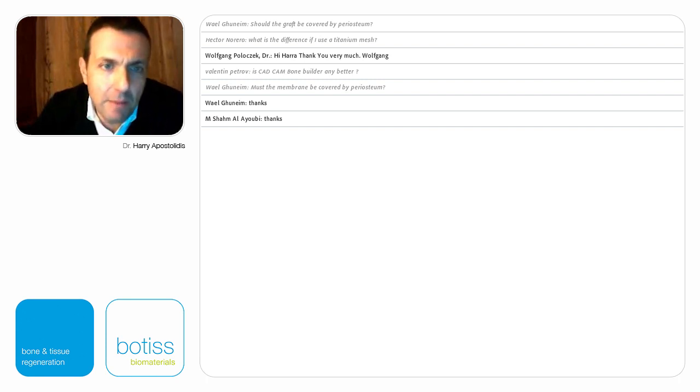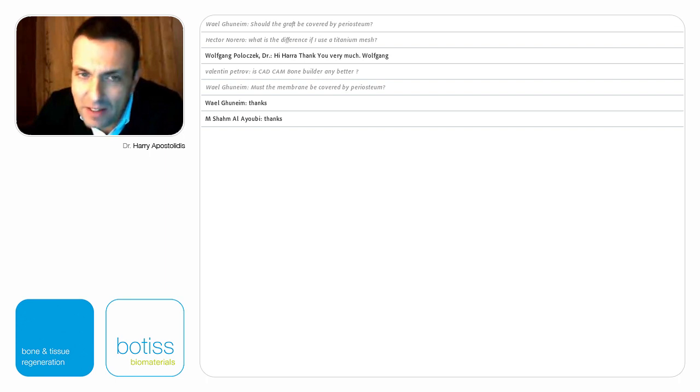Must the membrane be covered by periosteum? Yes. When you do big reconstructions like that, if I understand your question correctly, probably you mean primary closure, and if you mean primary closure, yes, you have to have primary closure. So every time primary closure. Now, does the membrane have to be covered by periosteum when you have primary closure of the flaps?